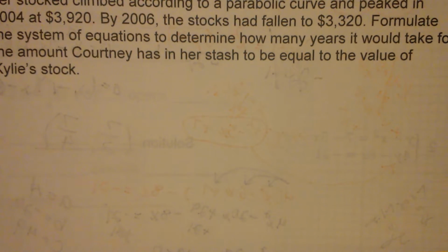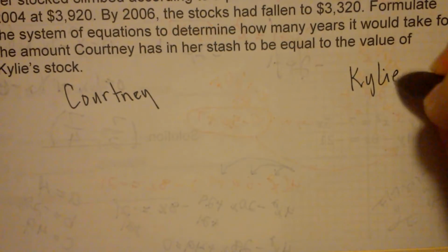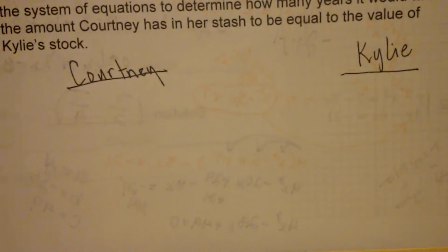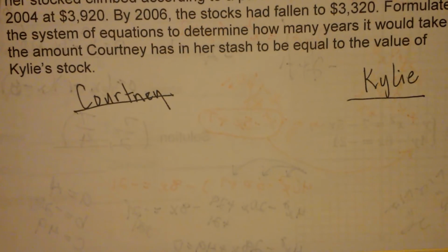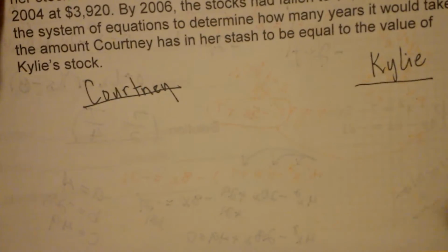So I need to make a chart. Courtney versus Kylie. Let's see who's smarter. So it gave me two things about Courtney. She started with $2,000 and every year she added $200. That's the linear.